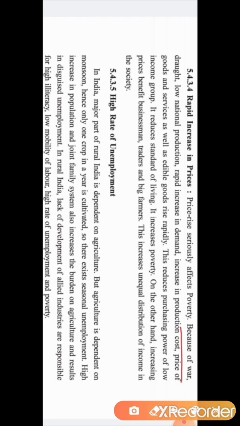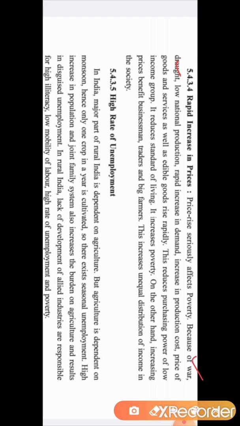Because of war, drought, low national production, rapid increase in demand, increase in production cost, the prices of goods and services as well as edible goods rise rapidly.